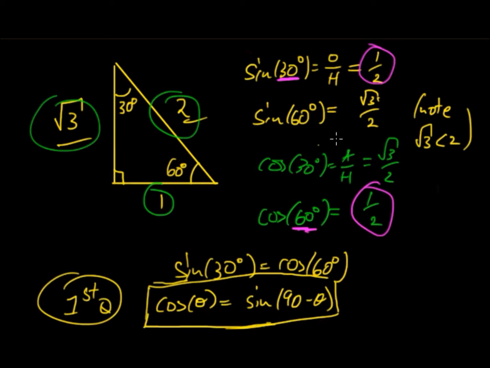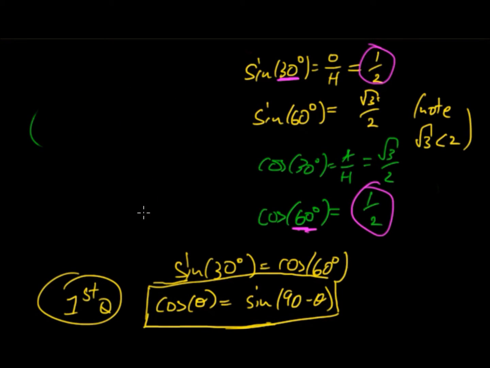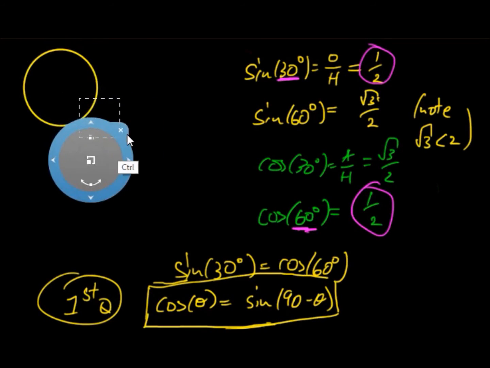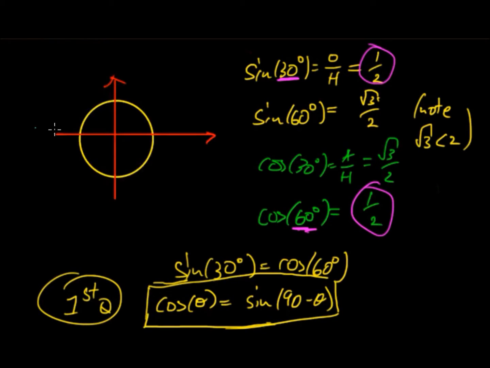Now, if you're not sure which one goes first, and if you're not going to memorize this triangle, a good way to think about it is, referring back to the unit circle, if we have a circle here and we're looking at cos at a particular angle.